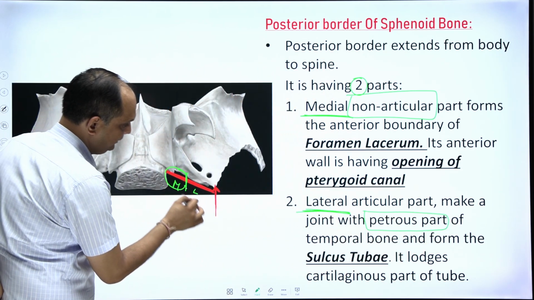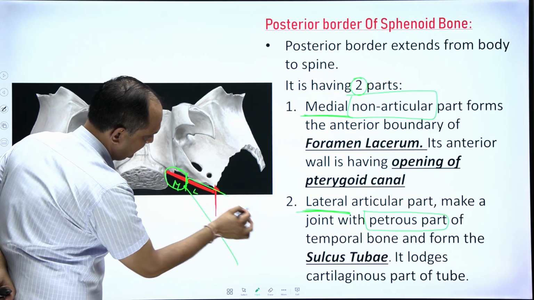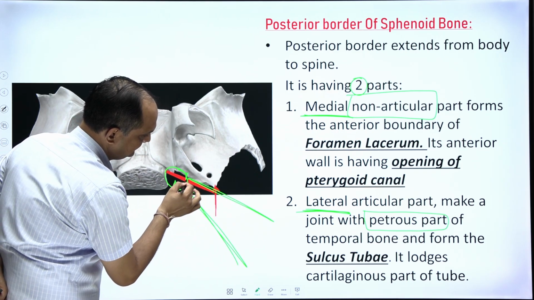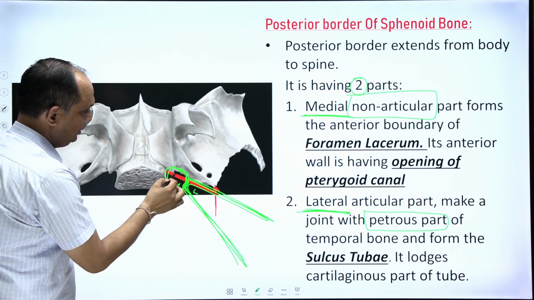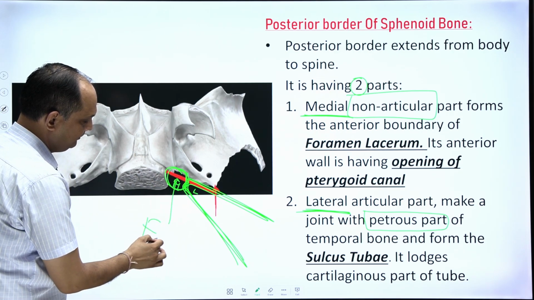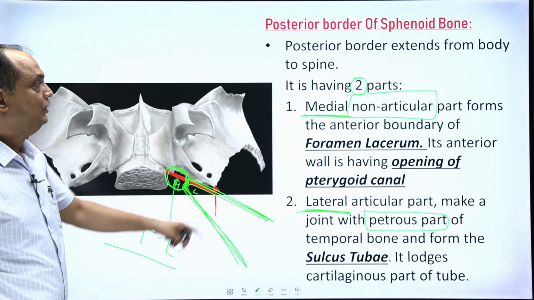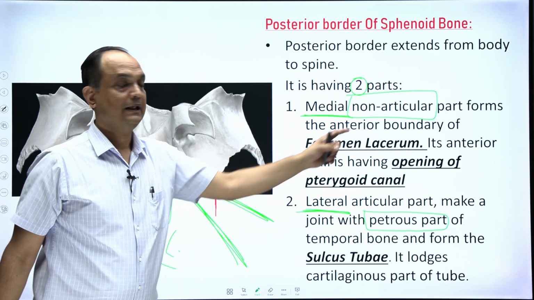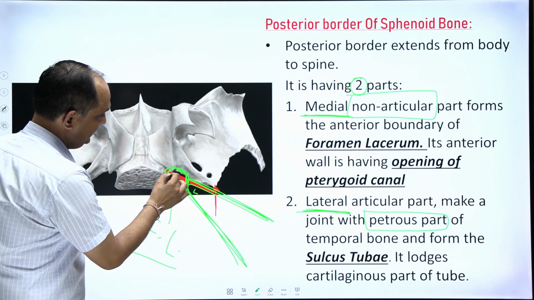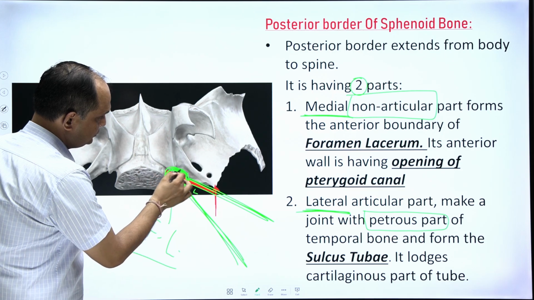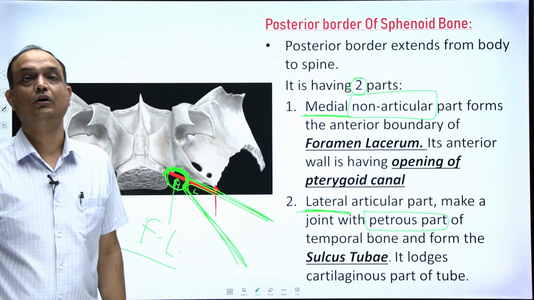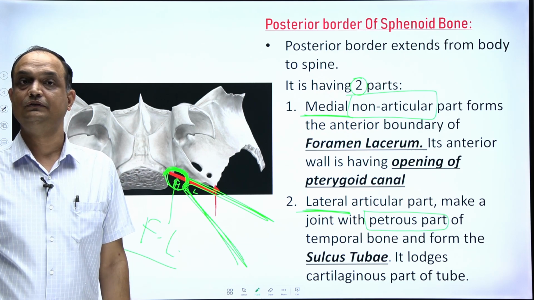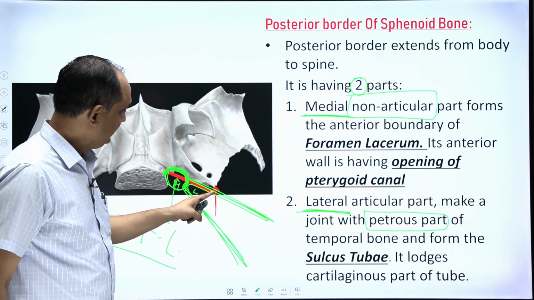So, here what will happen? You will have this petrous part of the temporal bone which will come like this. Clear? Now, this area which is non-articular is going to form the foramen lacerum. So the foramen lacerum is anteriorly bounded by the non-articular border of the posterior part of the sphenoid. This is your articular area.